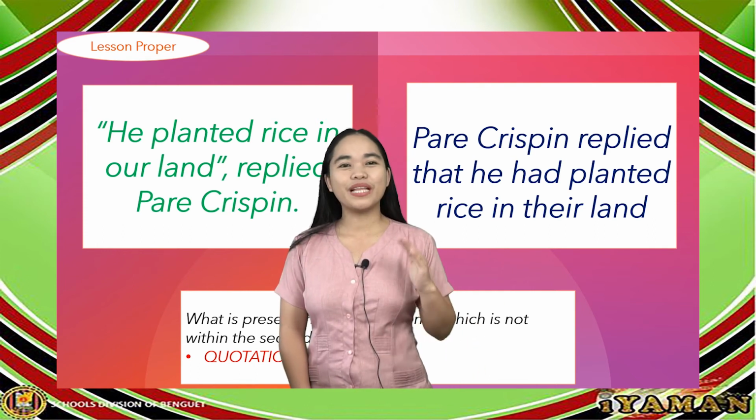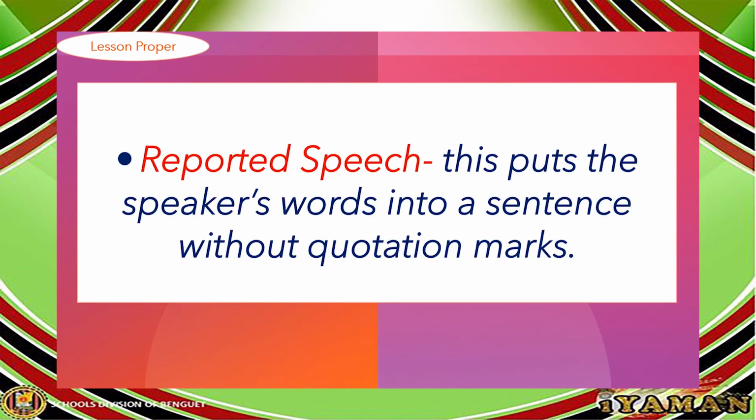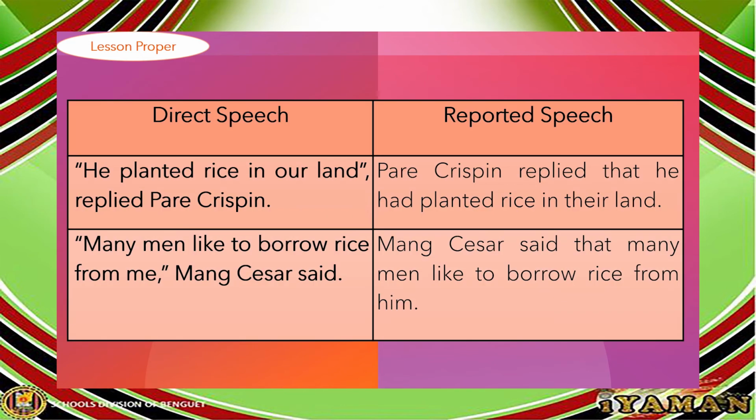Alright, so let's have the second one. We have here the reported speech. When we say reported speech, this puts the speaker's words into a sentence without quotation marks. To give you another example, we have the sentence, "Many men like to borrow rice from me," Mang Cesar said.